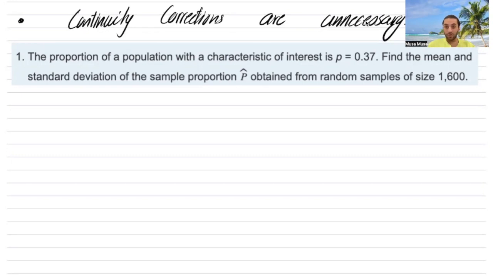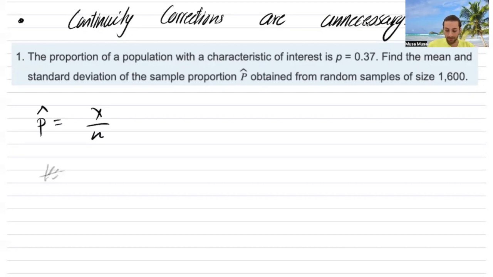So try not to look back in the video to calculate what the expected value and the variance is, or the standard deviation, but knowing that P hat is X on N, try and derive what the expected value would be and what the variance would be as well, and then therefore the standard deviation. Once you've had a go, unpause.